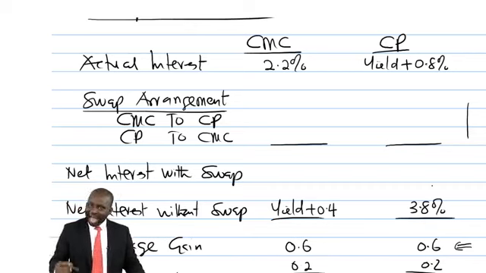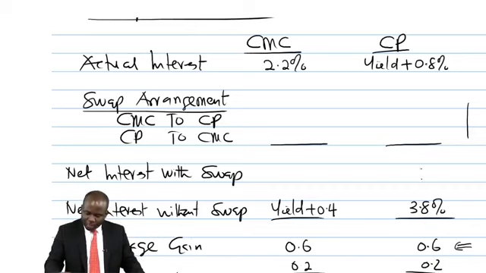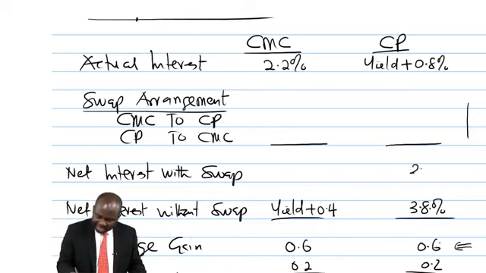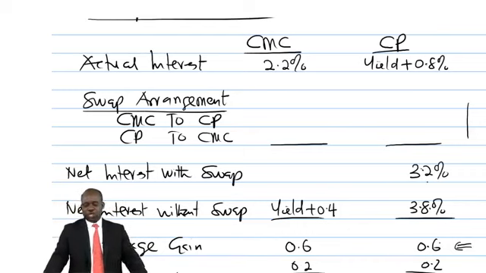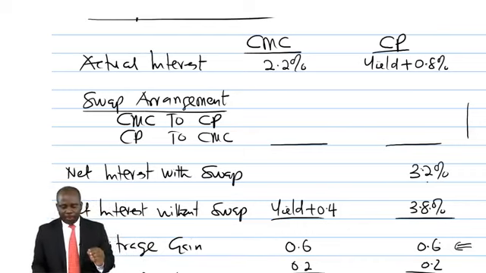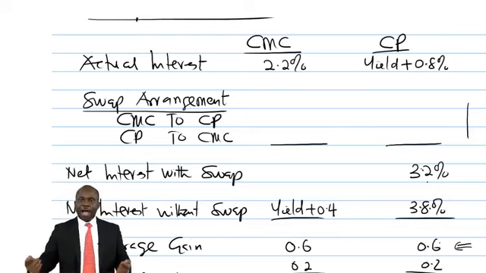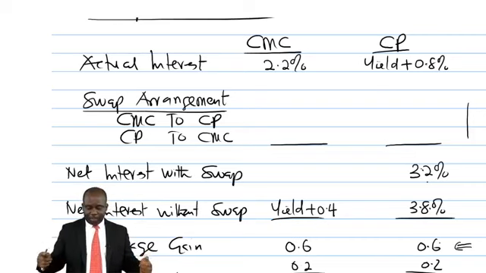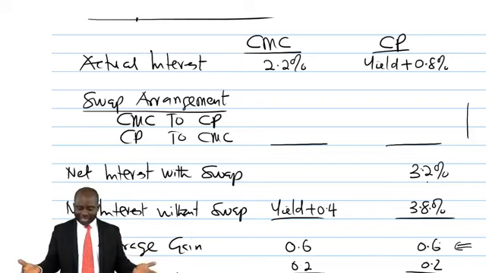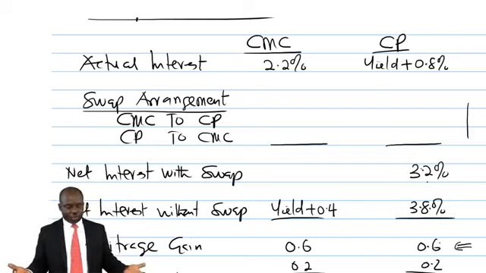It means I paid something under the swap, which is less than without the swap. That gave me a benefit of 0.6. And aside, this is going to be 3.2, isn't it? So I will pay 3.2 under the swap, so that if I didn't swap, I would have paid 3.8. So the swap had saved me 0.6 overall.